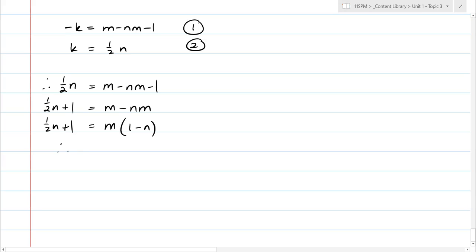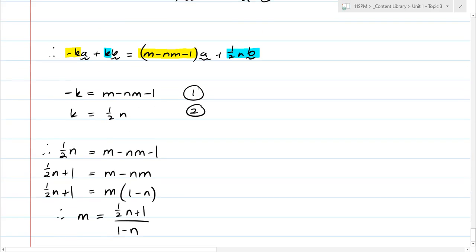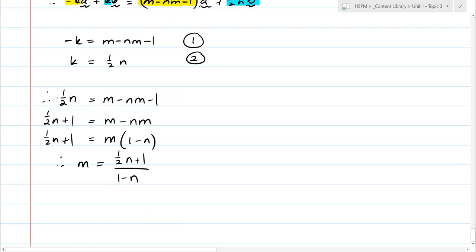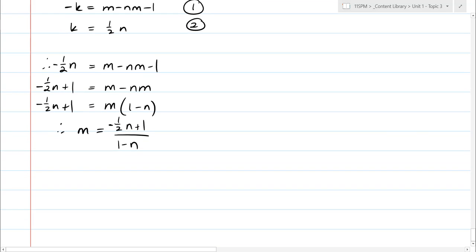And then therefore M is equal to half N plus 1 over 1 minus N. Oh, sorry, that should be negative there. That should be negative. And I'm just going to neaten it up by doubling the denominator and the numerator to get rid of that half. And I get 2 minus N over 2 minus 2N. And that's neater and about the best I'm going to get.